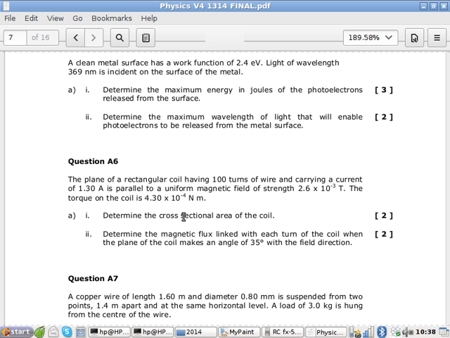That seems a reasonable answer here for the area, should be small. So, our formula here, torque equals IBAN. So that means the A is torque over IBN.